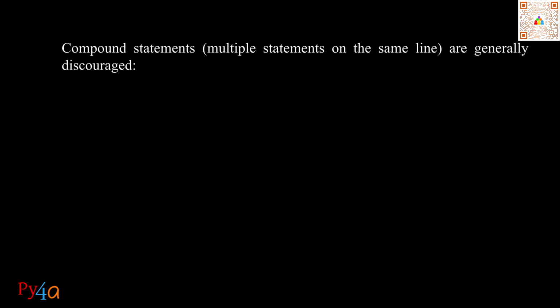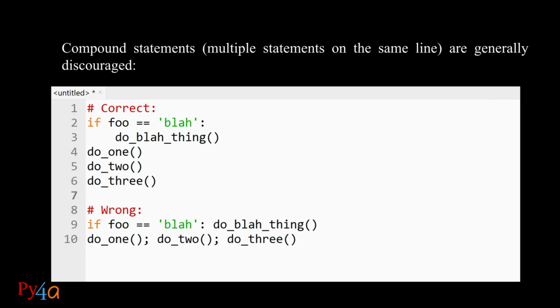Next, compound statements. Multiple statements on the same line are generally discouraged. What PEP 8 says here is do not put compound statements on the same line. In other words, split compound statements over multiple lines. Let's look at this code snippet. You see the correct way of writing it as represented from lines 2 to line 6. If foo equals blah, do blah thing.